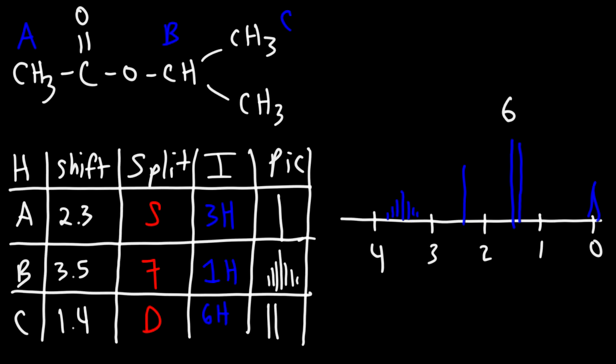So this is going to be the signal corresponding to the 6 protons. This one is the signal corresponding to, actually, not that one, but the 3 protons. And this is the signal corresponding to proton B.